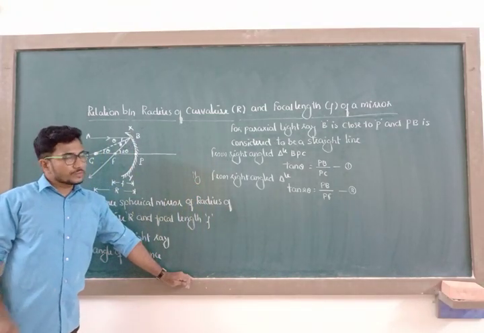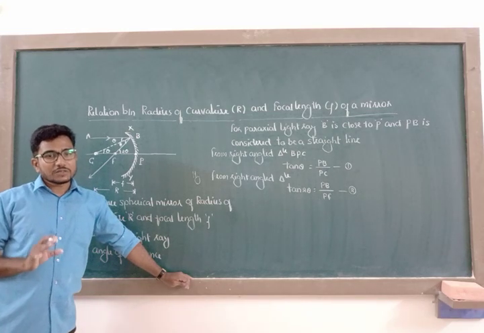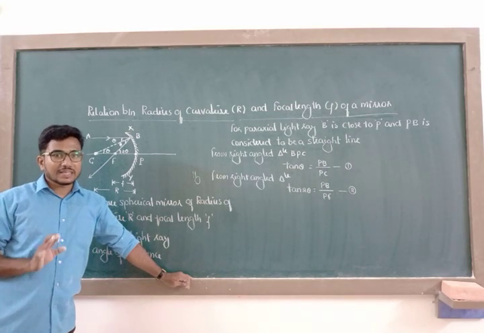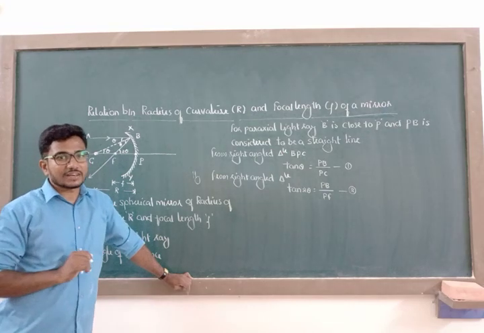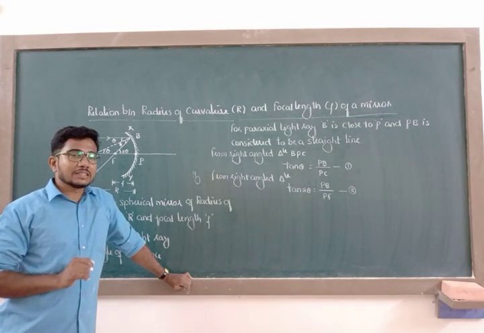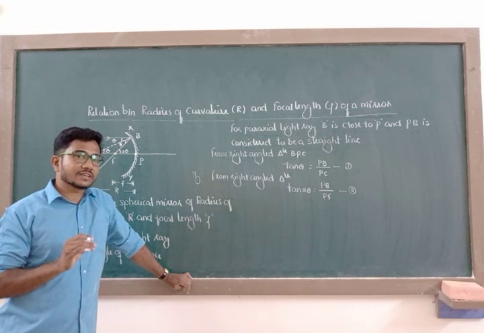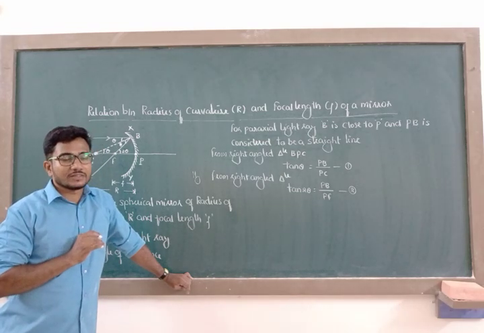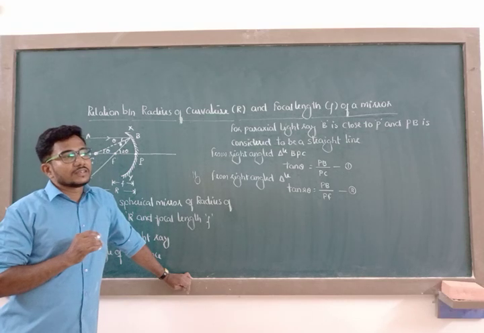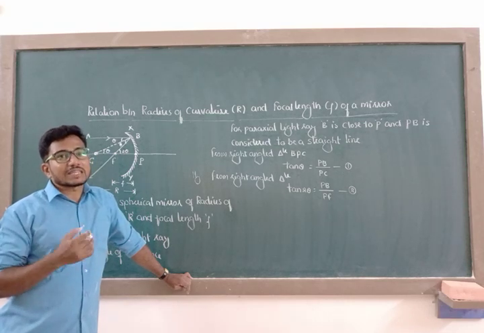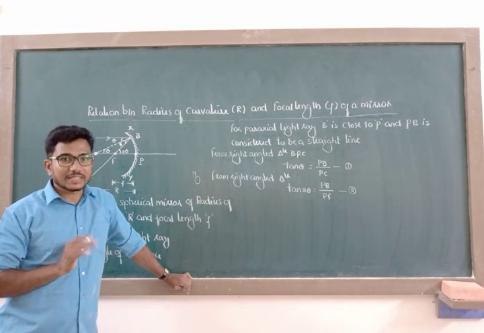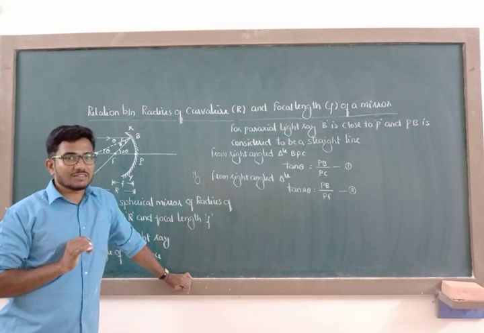I already told you people, while deriving the equation we are going to consider paraxial light rays instead of marginal light rays, because in case of paraxial light rays, angle of incidence and angle of reflection are very small. That means we can avoid some mathematical steps. For that reason we are going to prefer paraxial light rays.